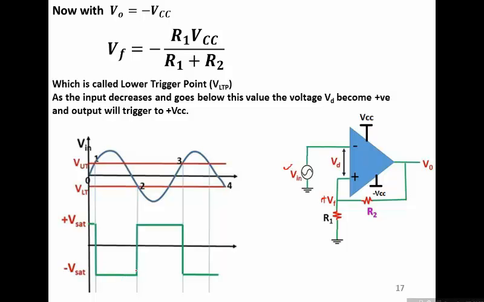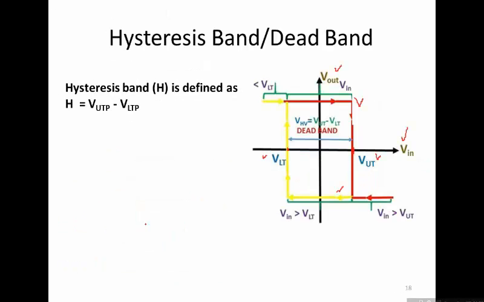And for the lower trigger point, when the input is decreased and crosses the lower trigger point, the output becomes positive. That is, it shifts from negative level to positive level. When the input crosses this trigger point, the output goes to the positive level.